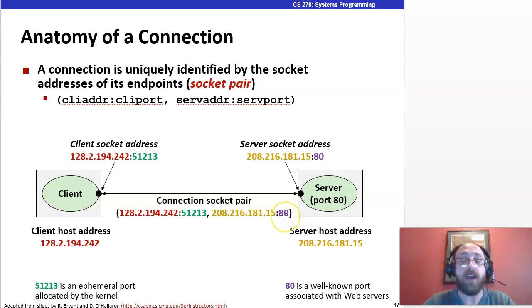I can't have two connections on the internet with the same client address, client port number, server address, and server port number. So what do I do if I want to, on my computer, make two different connections to the same web server?